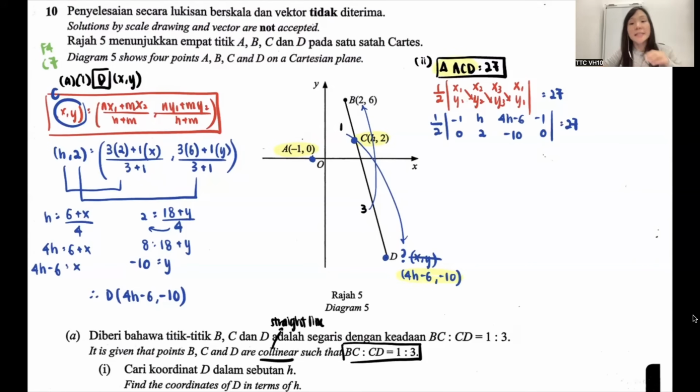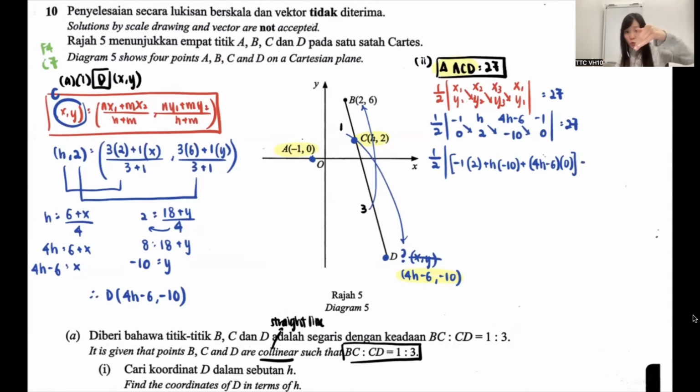ACD. Can. Remember arrow going down first. Going down means you times them together. Must write the working for times. Negative 1 times 2 plus H times negative 10 plus 4H minus 6 times 0. Write the whole bracket. Okay. Like that.